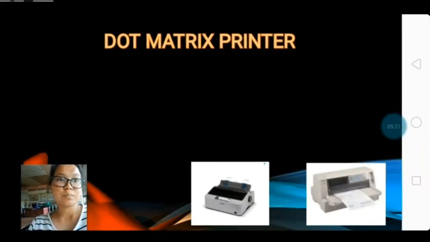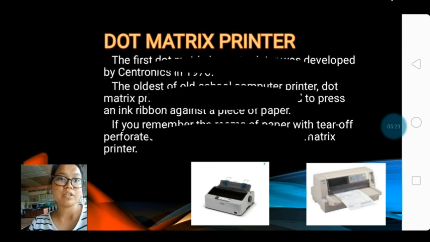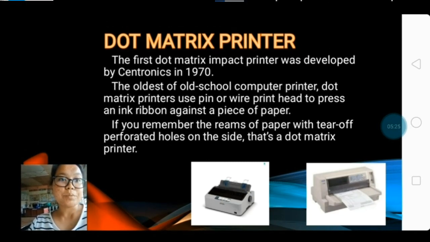Dot matrix printer. So, the dot matrix printer, an impact printer, was developed by Centronics in 1970. The oldest of old school computer printers, dot matrix used a pin or wire print head to press an ink ribbon against a piece of paper.